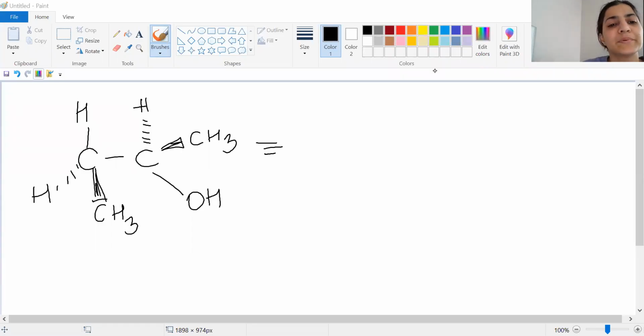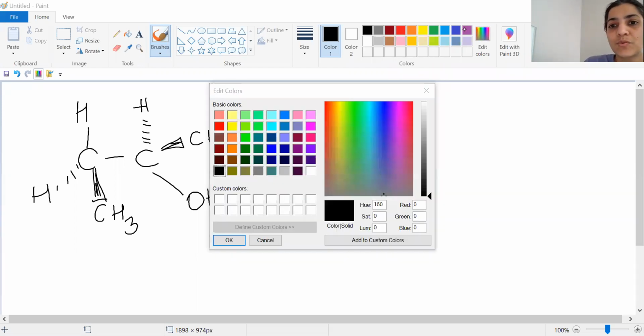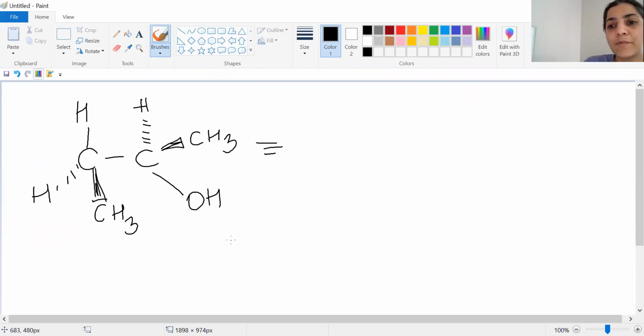Let's do another example. Let's say that I have this particular structure and I have to assign R or S at the carbons. So what is the first thing that I'm going to make sure that I have? I'm going to make sure that I have the sp3 carbon to work on before I go ahead and start assigning my R and S. So I'm going to look at this carbon first.